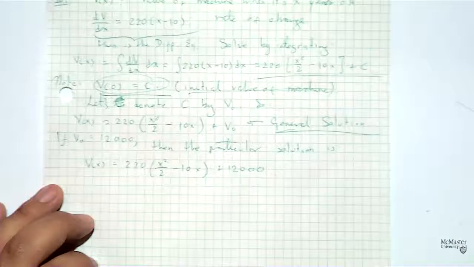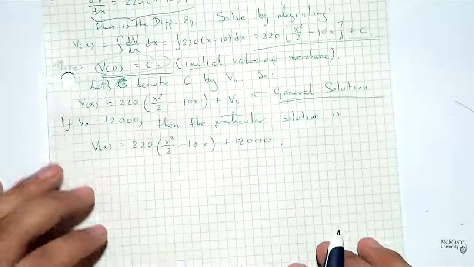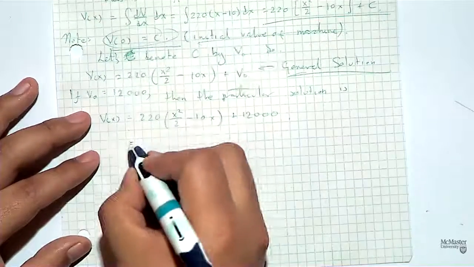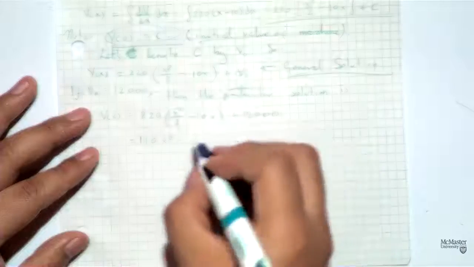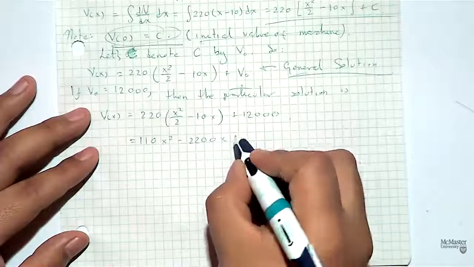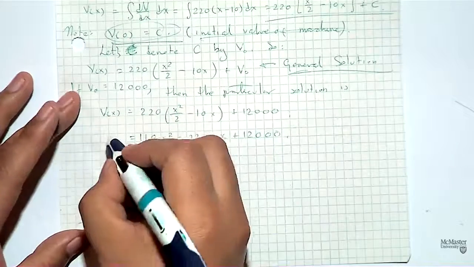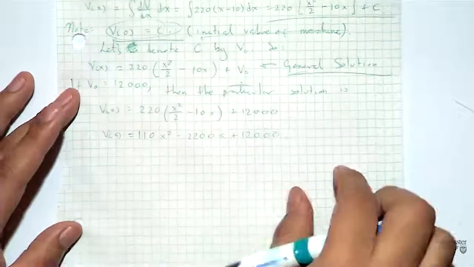Well, I could do the multiplications if you want, that's not a problem. That is basically dividing by 2, 110 x squared. Then I have minus 2200 x plus 12,000. It's just doing this multiplication.